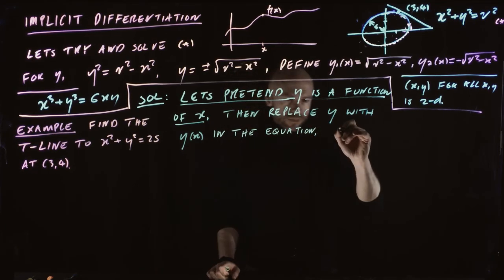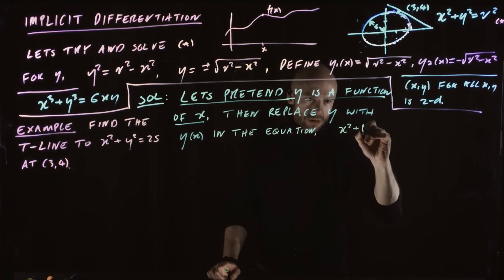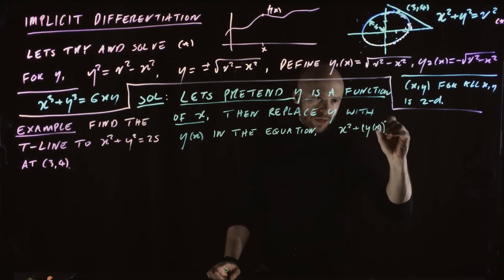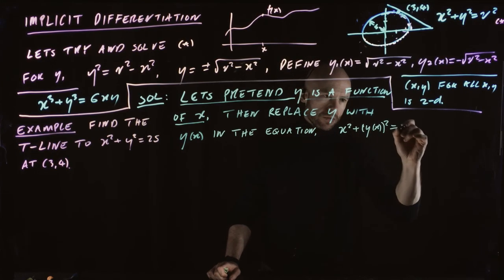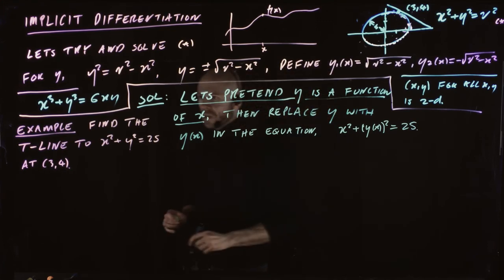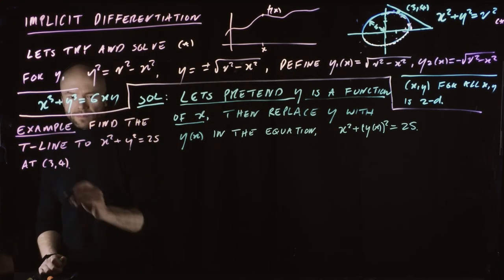So then we're going to get x squared plus y of x squared equals 25. And then we differentiate it.